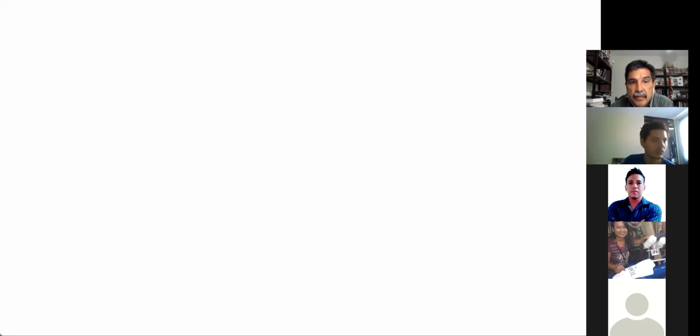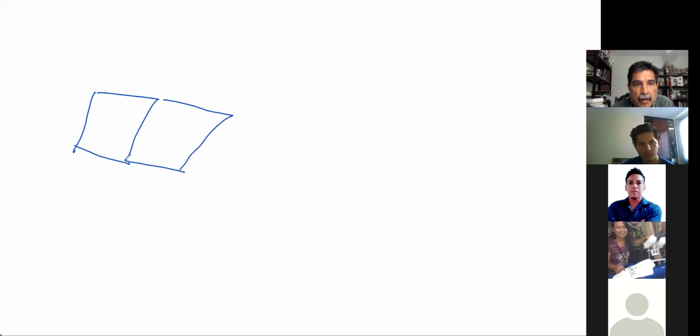This is something that we have seen that happens when you have some parts. For example, let's suppose I have a partition like this, and I include one joint here.